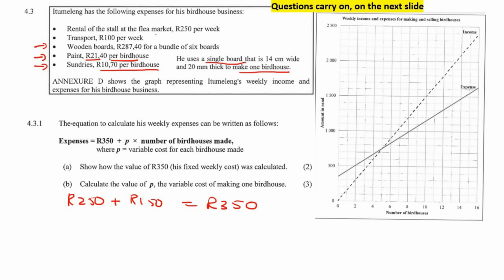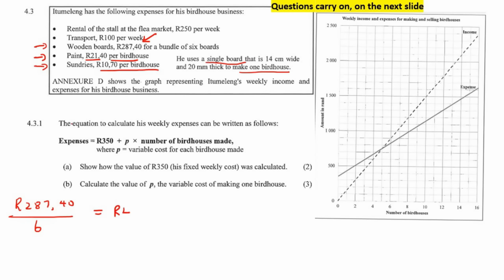So we divide by 6: 287.40 divided by 6 is 47 Rand 90 for 1 board.